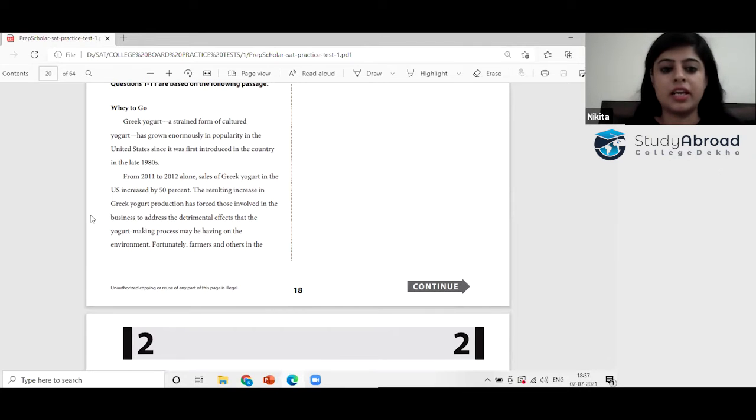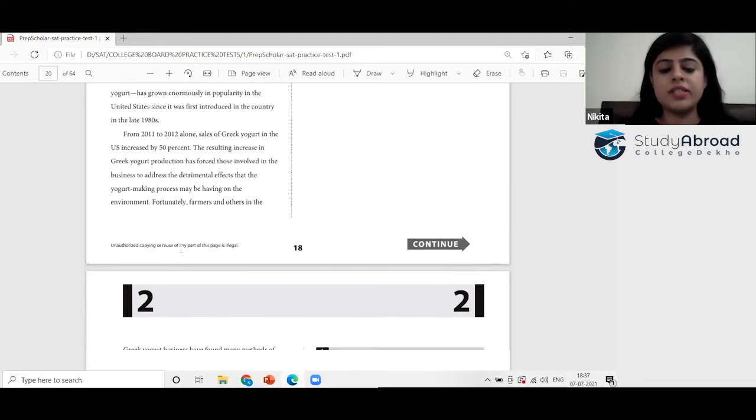The resulting increase in Greek yogurt production has forced those involved in the business to address the detrimental effects that the yogurt making process may be having on the environment. Now see, the problem has been introduced, that there is some questionable thing about the process associated with its making.